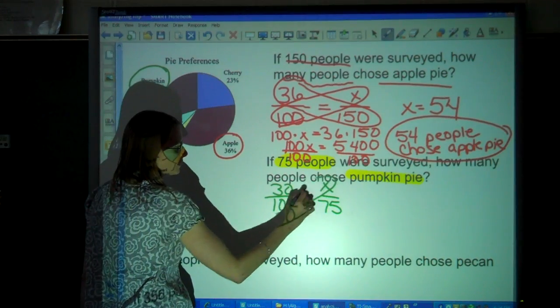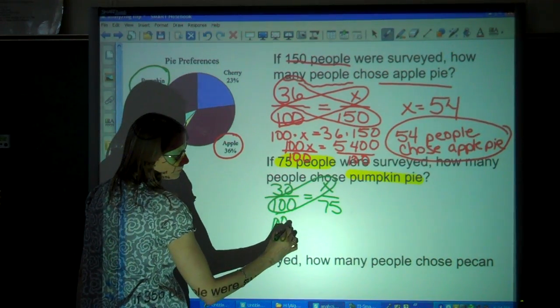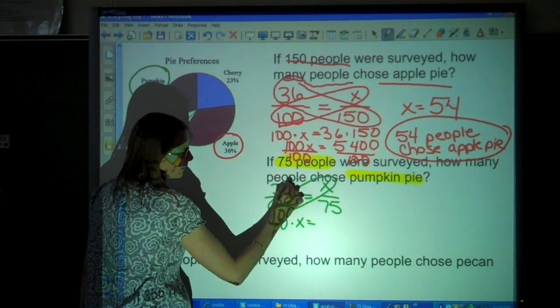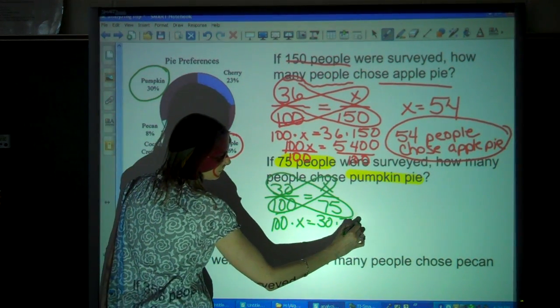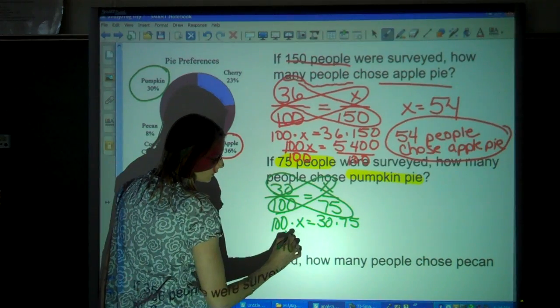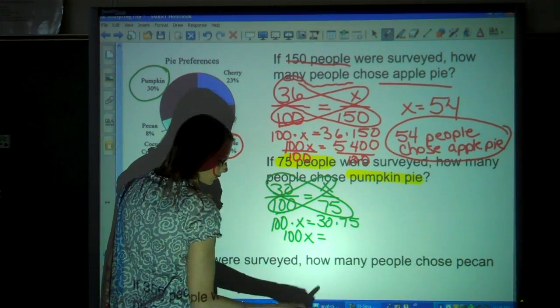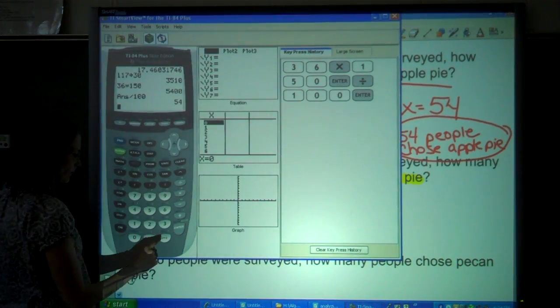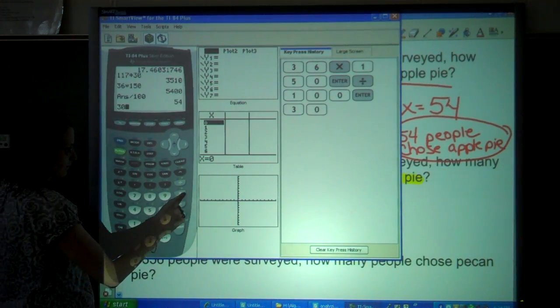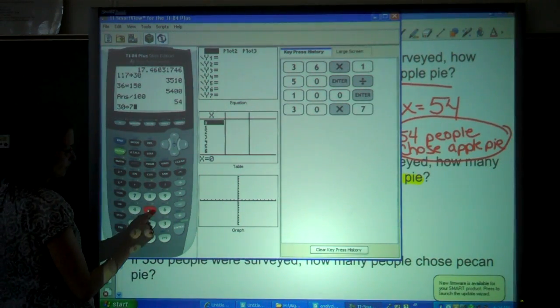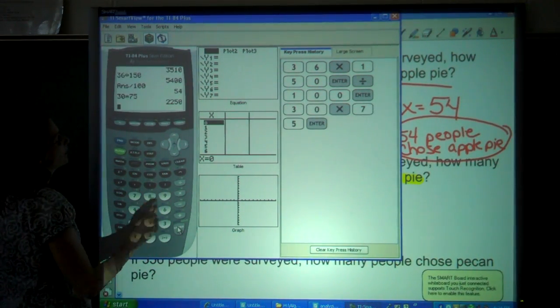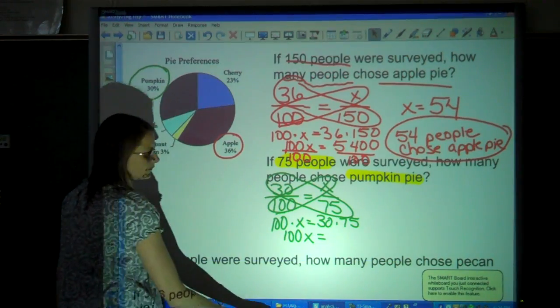So I'm going to do my means times my means, and my extremes times my extremes. So I get 100x equals 30 times 75. And I get 2,250.